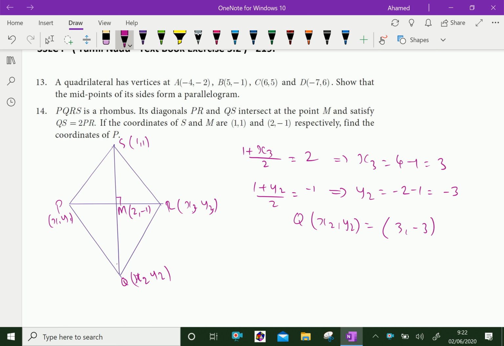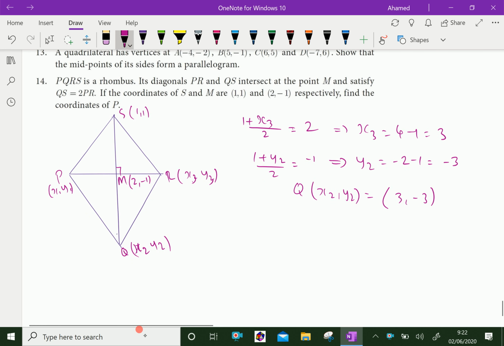Now we know that the diagonals bisect each other at right angles in a rhombus.